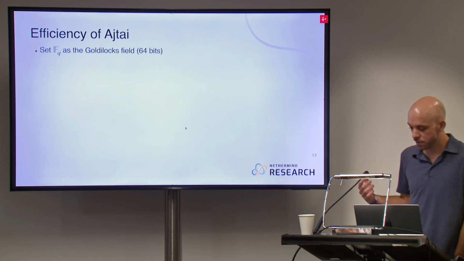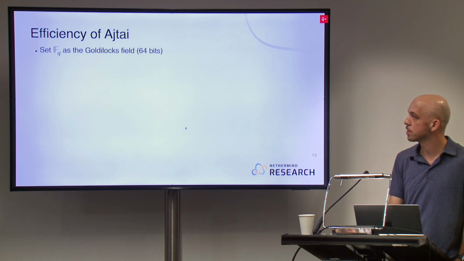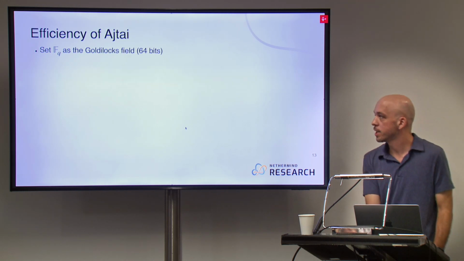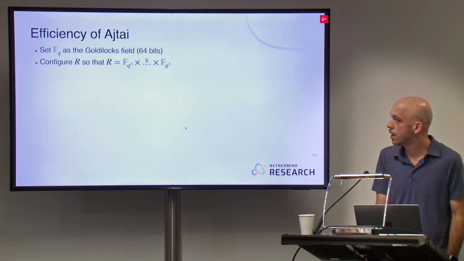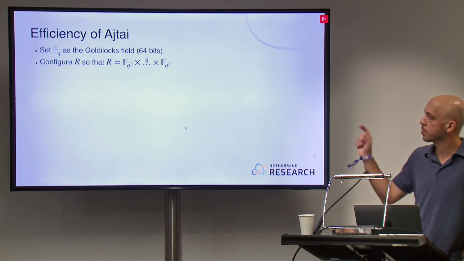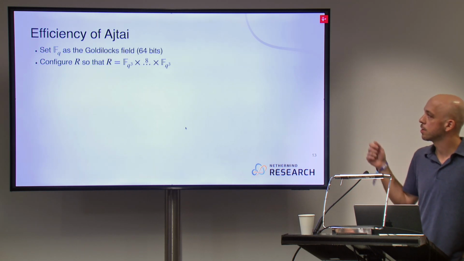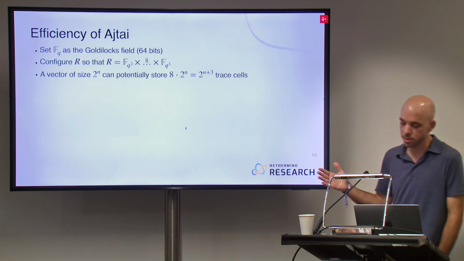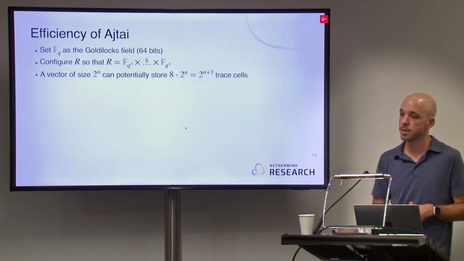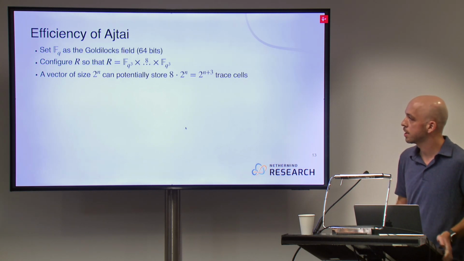So before I go into technical details, some words about the efficiency of this commitment scheme. Let's say that F_q is the Goldilocks field, and we configure R so that R is the direct product of 8 field extensions of the Goldilocks field of degree 3. And we configure it like this because we need to guarantee that there's 128 bits of security from the Module-SIS assumption.